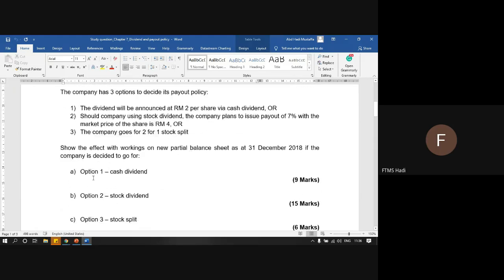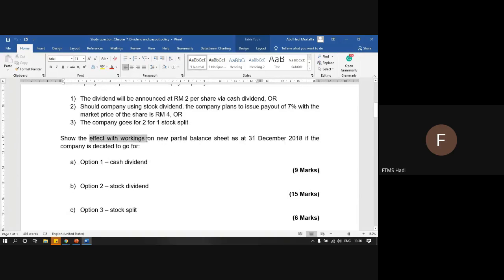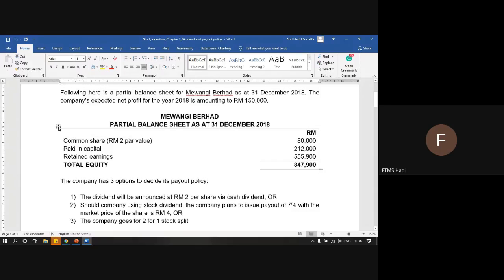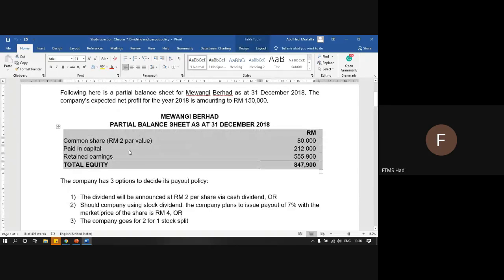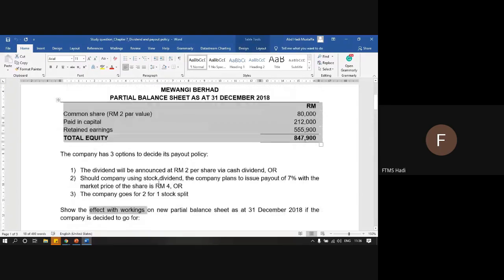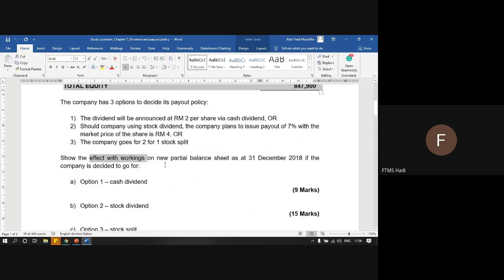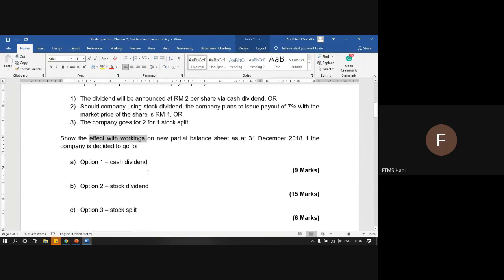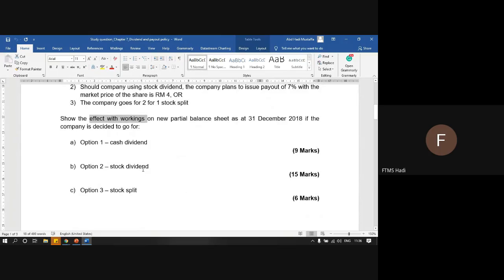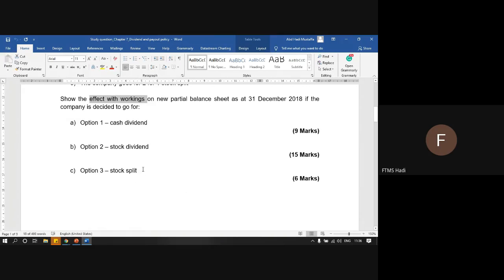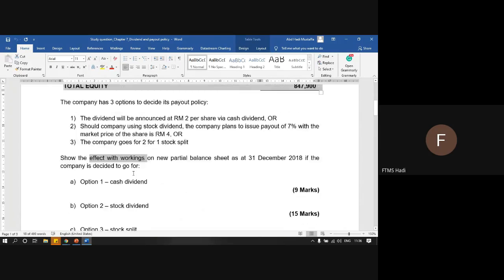The question here: show the effect with working. That means you need to show the workings and the updated equity account in the balance sheet if the company decides to go for option one, cash dividend, option two, stock dividend, or option three, stock split.